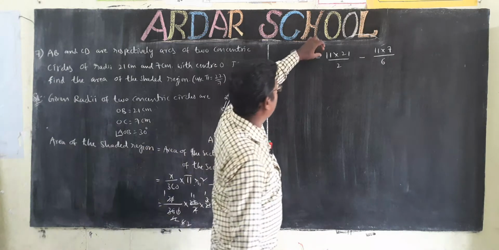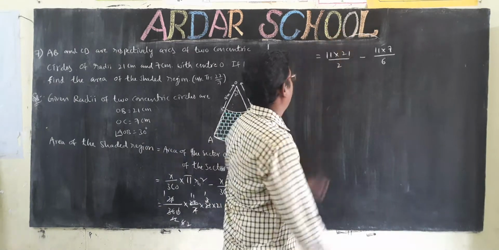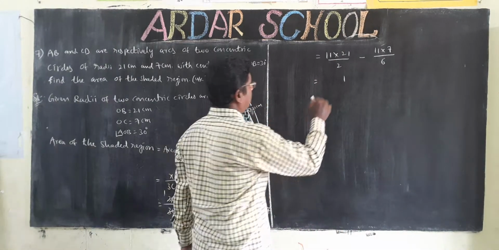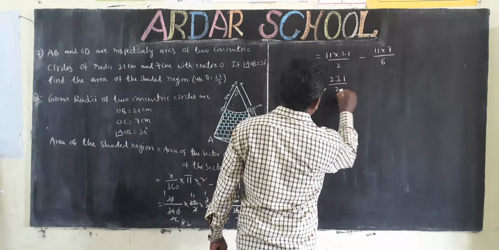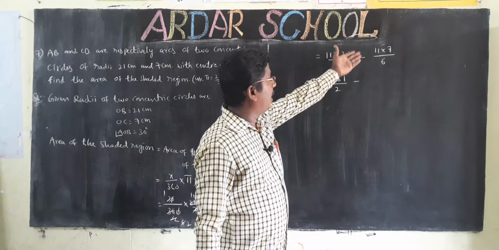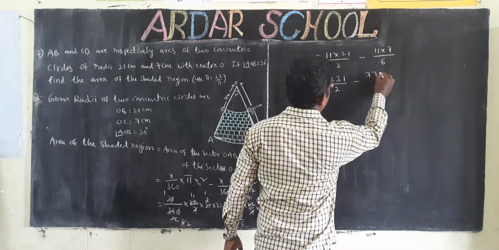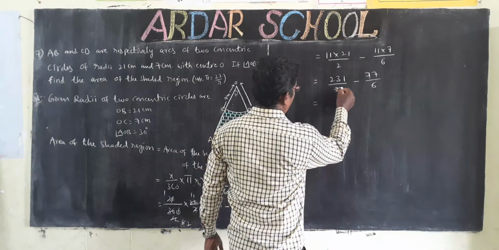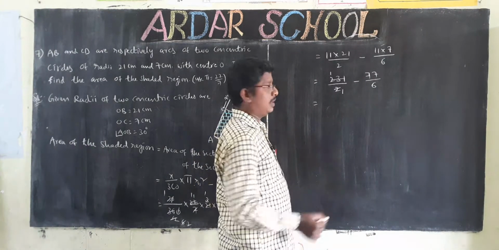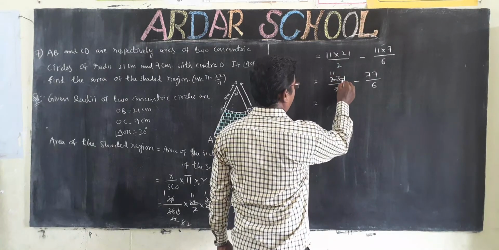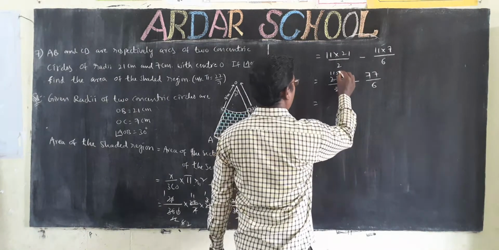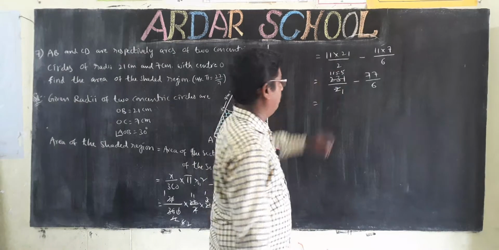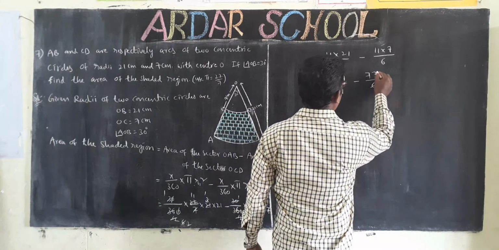Okay. First you have to multiply 11 into 21. 11 ones are 11, 11 twos are 22 plus 1, 23. That is 231 by 2 minus 11 sevens are 77, 77 by 6. Divide these two first. 2 ones are 2, again 2 ones are 2, 1 is the remainder, 2 fives are 10, we have to take a decimal point, 115.5.